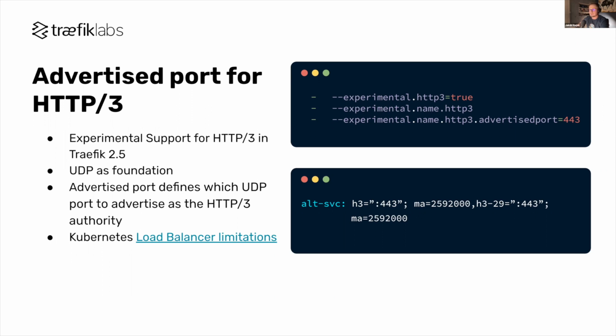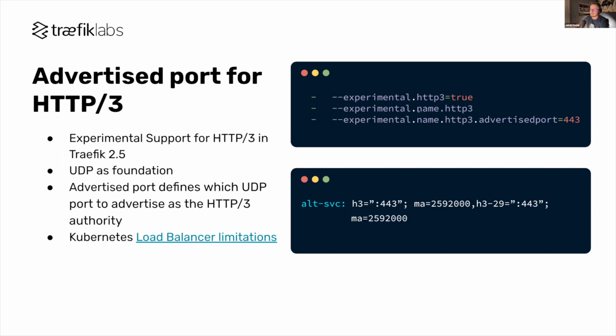So if you would like to use both, you need to switch to node port, and I will explain in a second how to manage that. In order to turn on HTTP/3 support, you need to add those 3 lines to the static configuration.